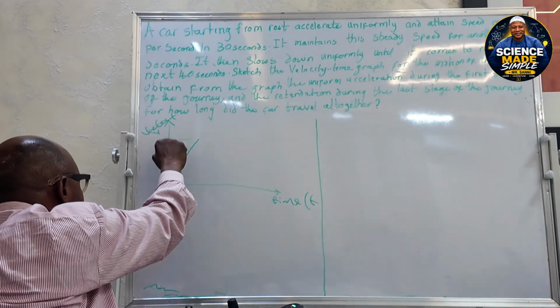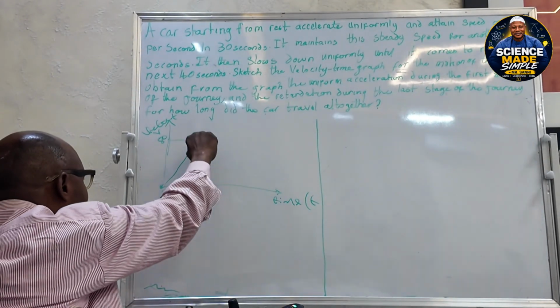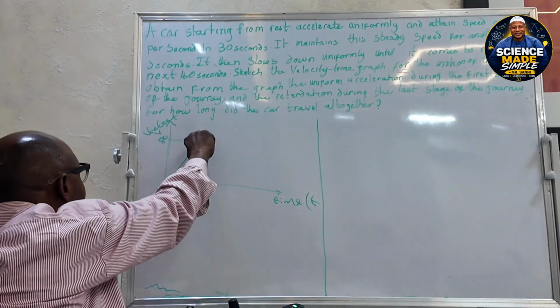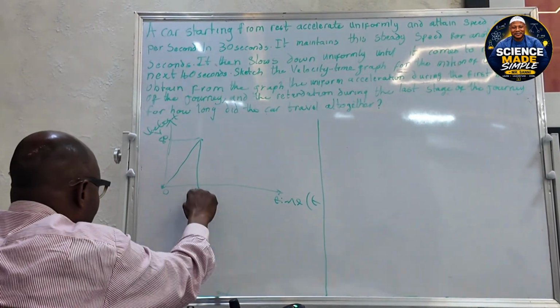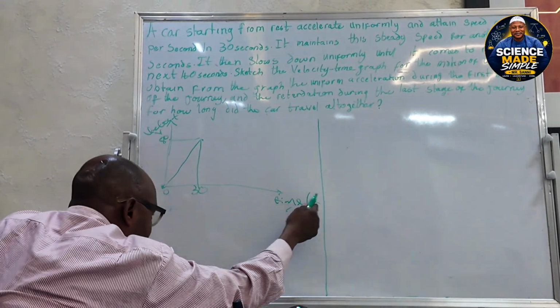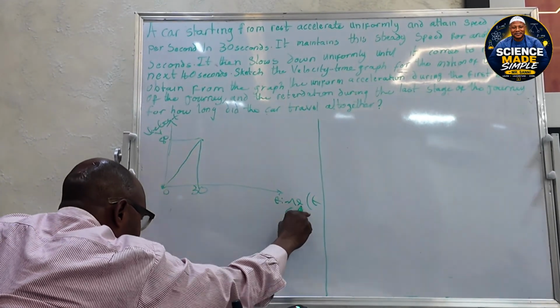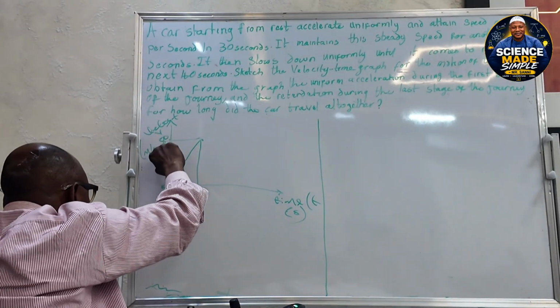80 meters per second in 30 seconds. Time is in seconds, and this axis is meters per second.